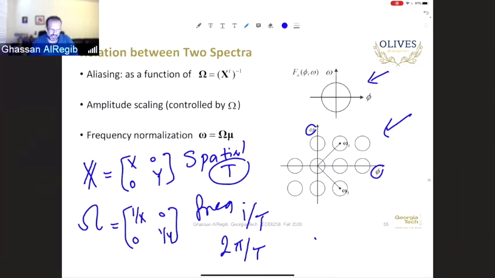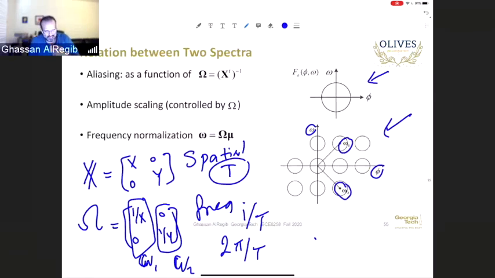In the general case, I will call the first column in here omega 1, and the second one here omega 2. And that's exactly what we have in here. So these two vectors are defining our replicas, our periodicity vectors in the frequency domain.